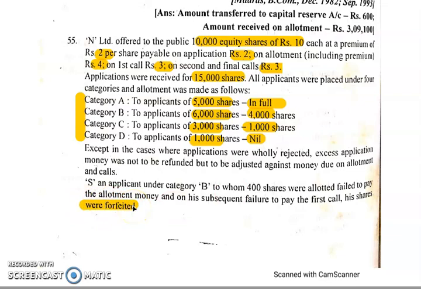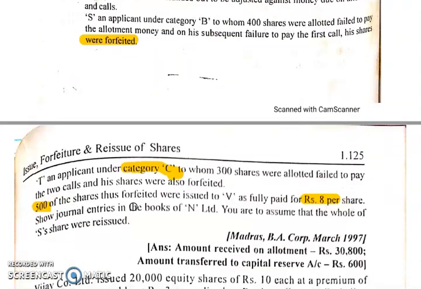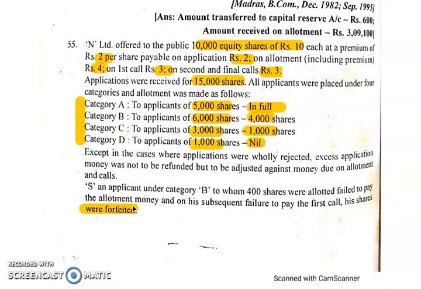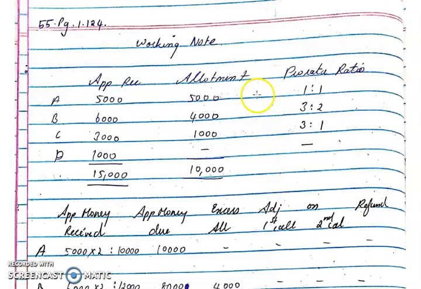So this has to be done separately, not at the end. As soon as the first call has been made, it is being forfeited. But after that, they have one more call, so you need to show the journal entries separately. Okay, now we'll start working out the sum.